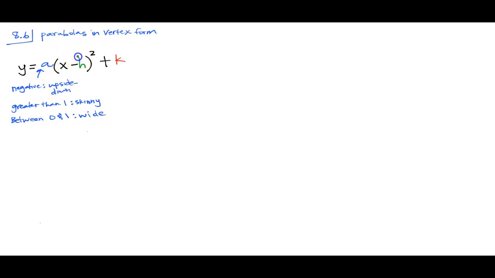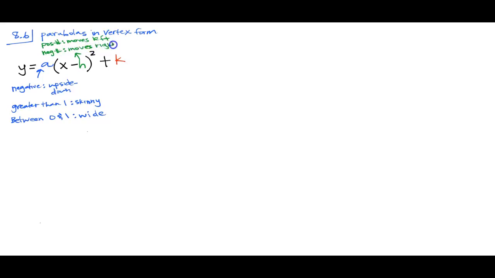Now this h right here is what's moving it left or right. So if h is a positive number, then it's moving it to the left. So I'll put down here: positive number, it moves it left. And if it's a negative number, that means it's moving it right.